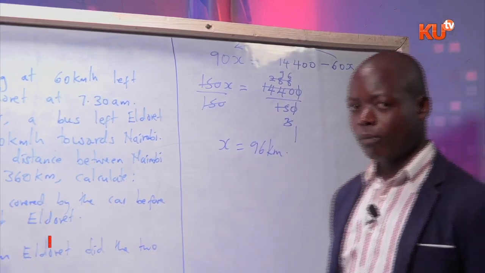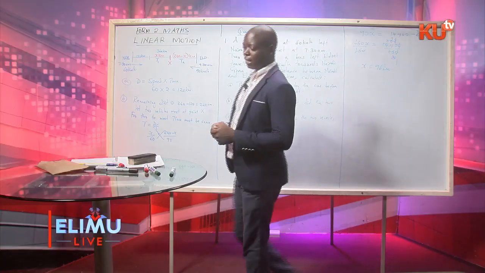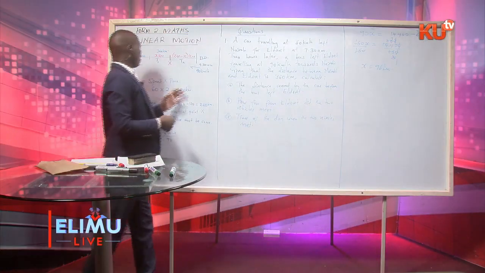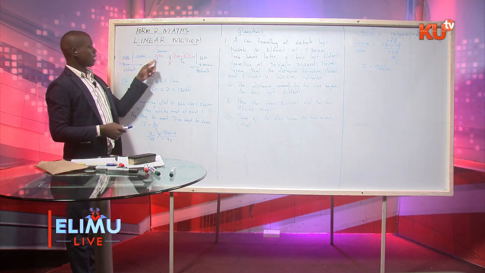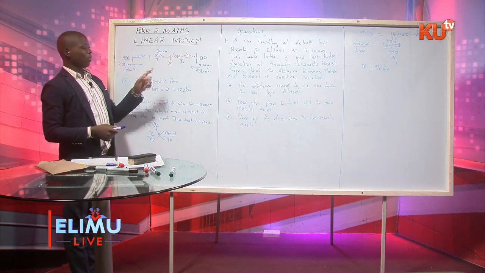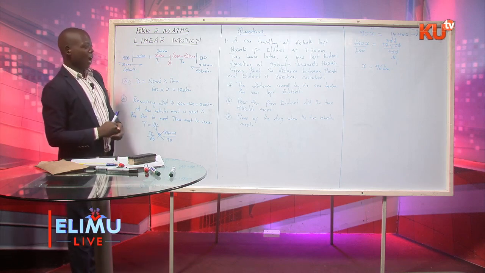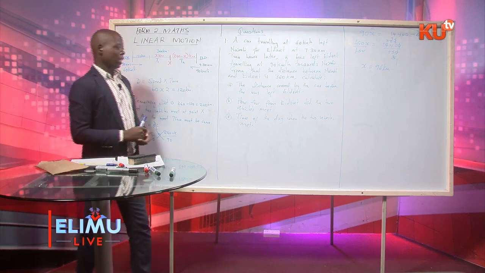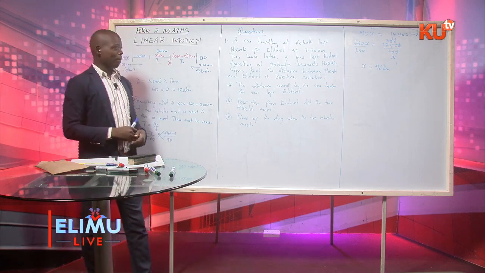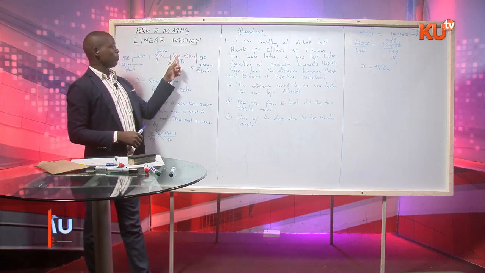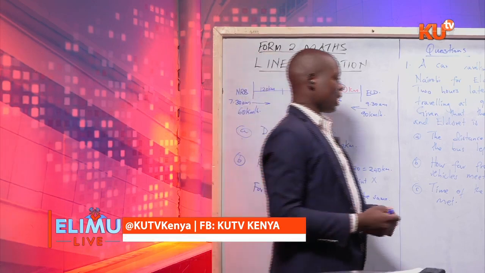So that implies the car had moved 96 kilometers from this point to where they met with the bus. But the question is asking how far from Eldoret the two vehicles met. So we now use the expression 240 less x.